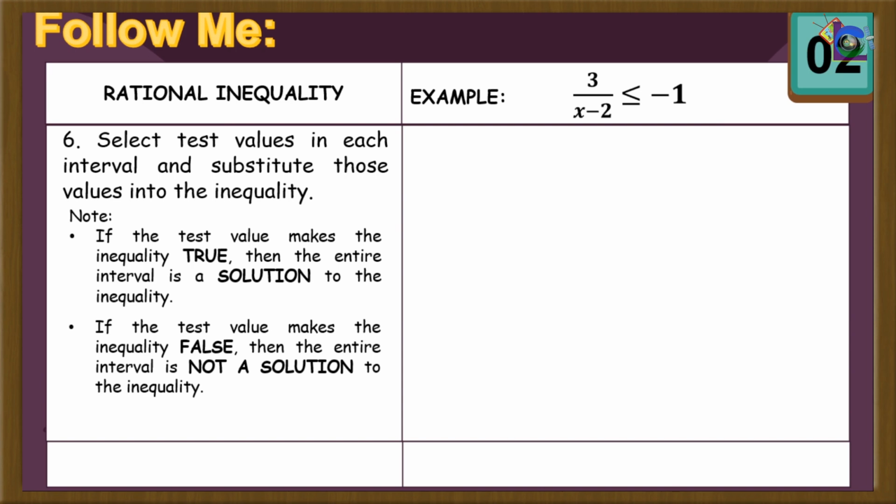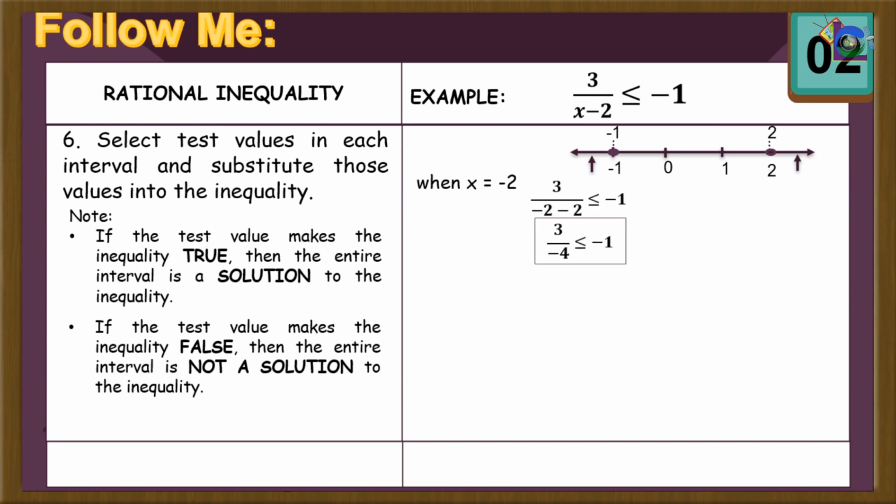So when x is equal to negative 2, we would get 3 over negative 4 is less than or equal to negative 1, which is incorrect. So our answer is false.